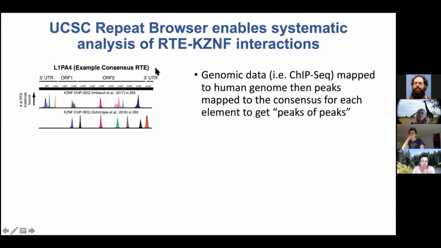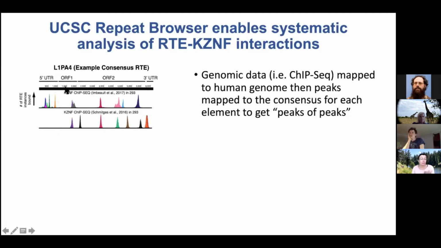The way this works is we generate a consensus for each subclass of retro elements. In this example, this is a particular primate-specific line 1 element, the L1PA4 elements. And then every single instance of that element on the genome gets mapped back to this consensus.